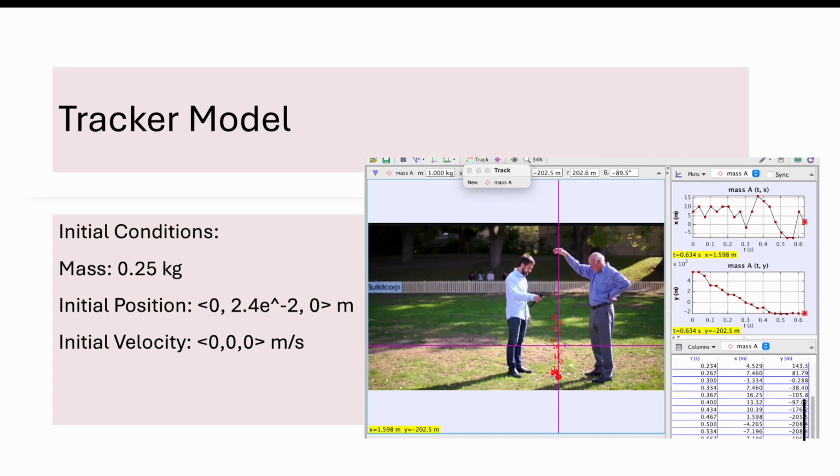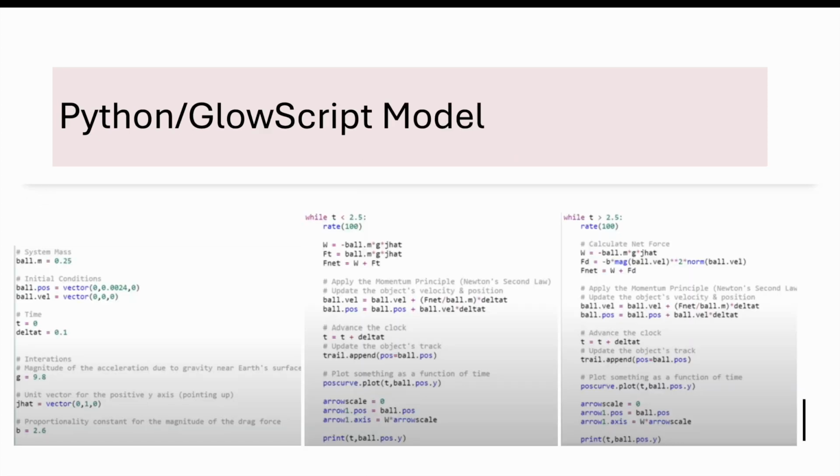Our initial position of the Slinky is 2.4 e to the negative 2 in the positive y direction. And then our initial velocity is 0 because the Slinky is at rest initially. And as you can see, we have our data to the right.